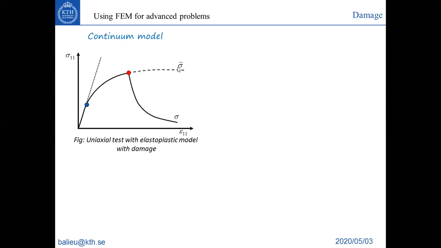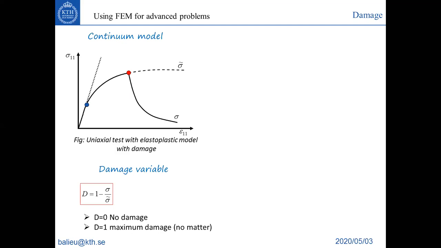This dashed line is sigma tilde, and we call it the effective stress. It is the stress in the structure if you don't have any damage. The real stress is called the nominal stress. So this is the real behavior of the structure, and this is what the behavior would be without damage.